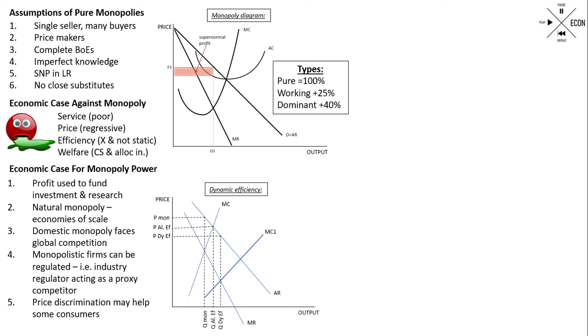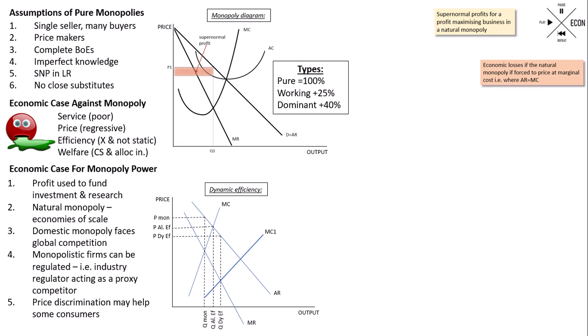So I'm hoping you've written down that there's a pure monopoly, which is whenever the firm is the industry, and that is that they've got 100% of the market share. There's also working monopolies that the CMA investigate that have got 25% or more of the market share. And you've also got dominant monopolies that have got 40% or more of the market share.